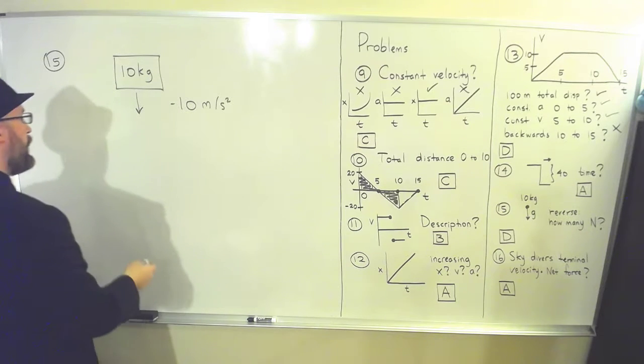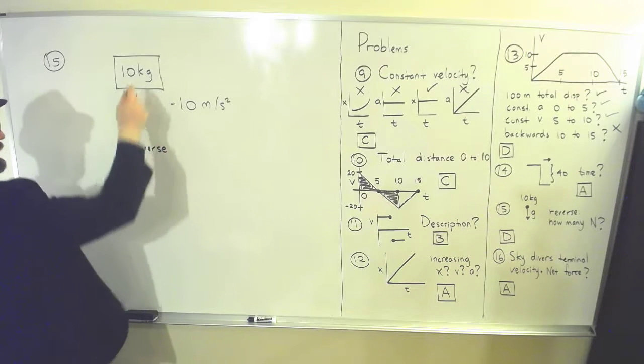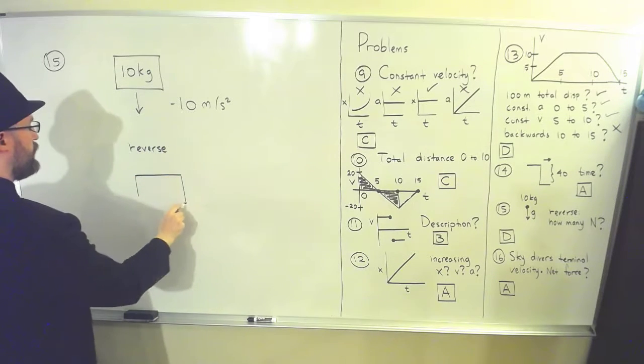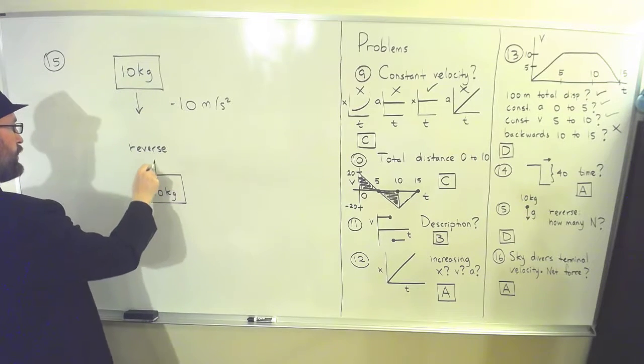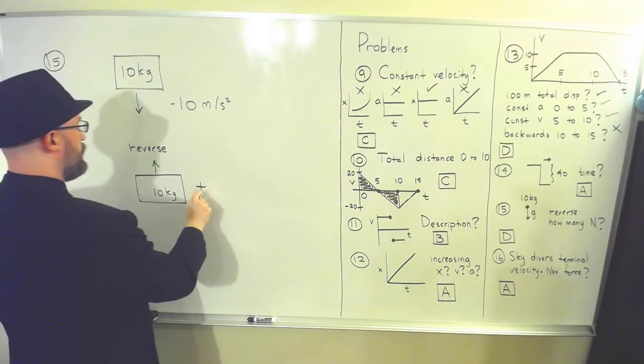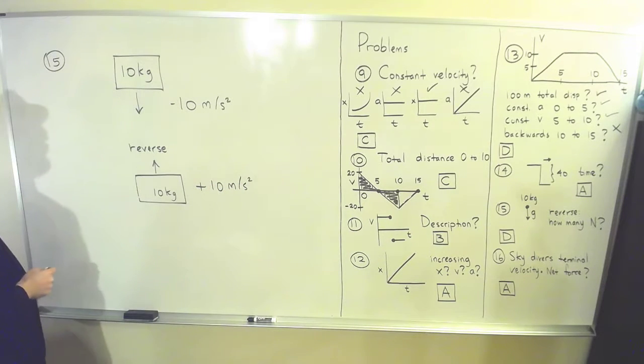And it says you want to reverse this motion. You want to not only make it stop falling, but make it go up, accelerate up at plus 10 meters per second squared. And the question is, how much force do you have to exert to get it to do that?